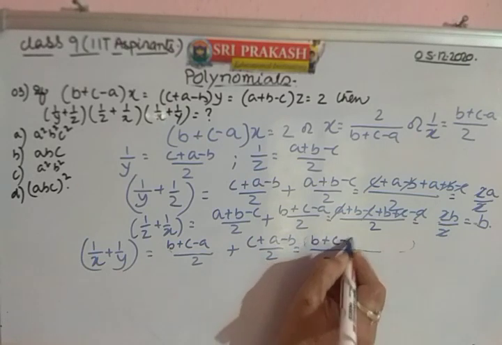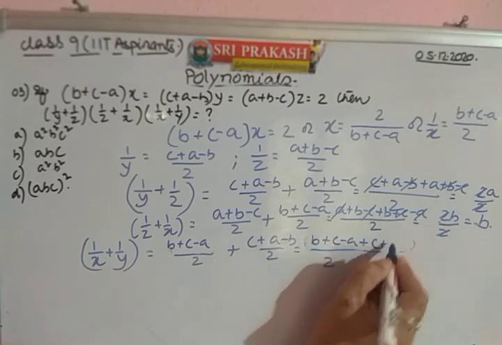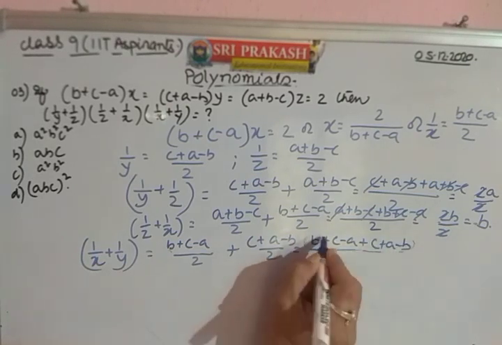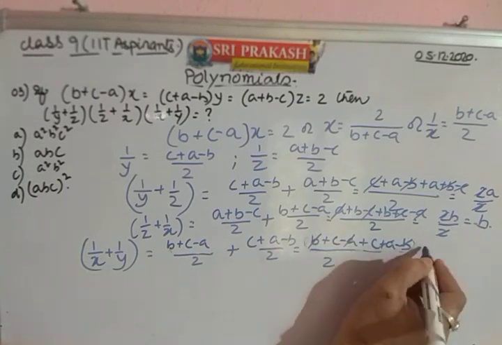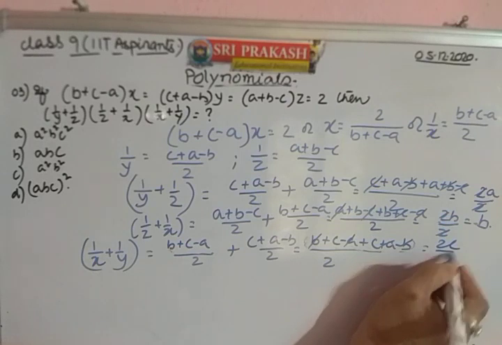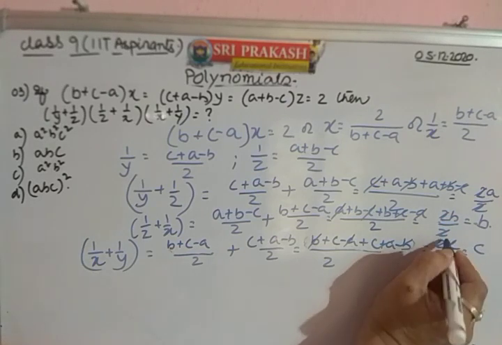B plus c minus a, plus c plus a minus b, minus b minus b minus a plus a. So 2c by 2, or c.